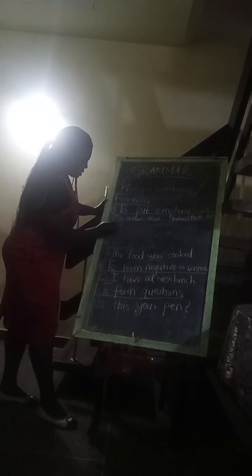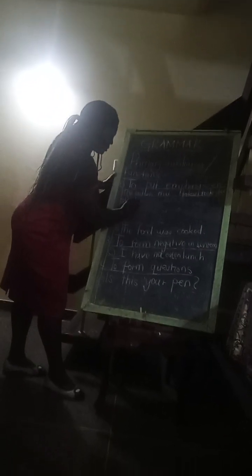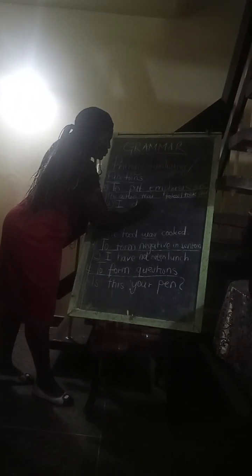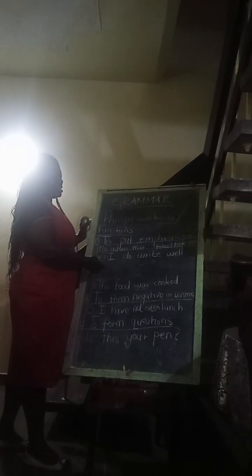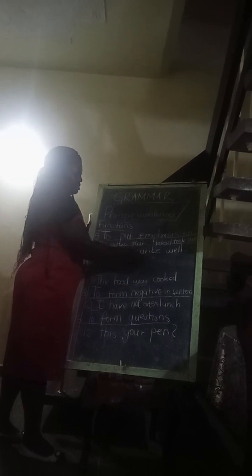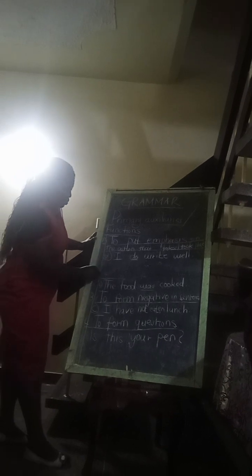For example, you can have this sentence: I do write well. So we have used the primary auxiliary "do" to emphasize how well this person writes. That is the use of primary auxiliaries to put emphasis on the action that took place.